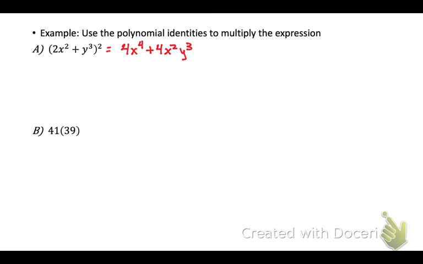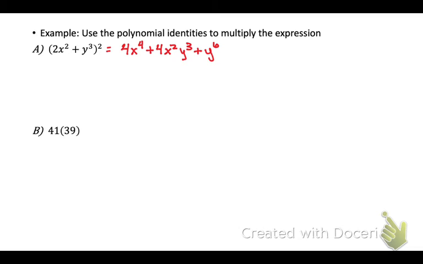Unless they both have the same variable. Okay, and then it says plus, right? And square the last. y to the 6th, because y cubed squared, you multiply the exponents. So we just followed the rule, didn't we?